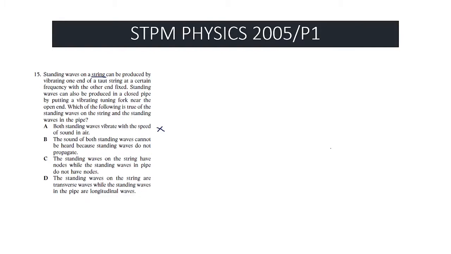And B, the sound of the standing wave cannot be heard because the standing wave does not propagate. This is incorrect. Clearly, if you're vibrating a tuning fork near the open end, you can clearly hear the sound. Now C, the standing wave on the spring has a node, while the standing wave in the pipe does not have a node.